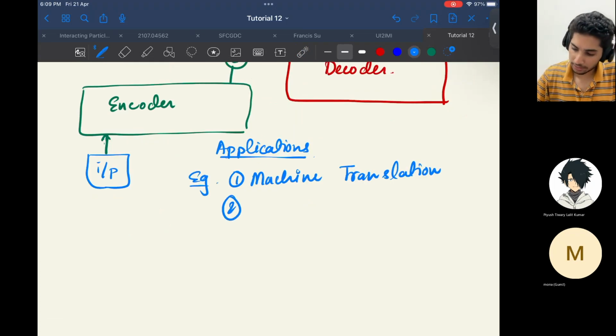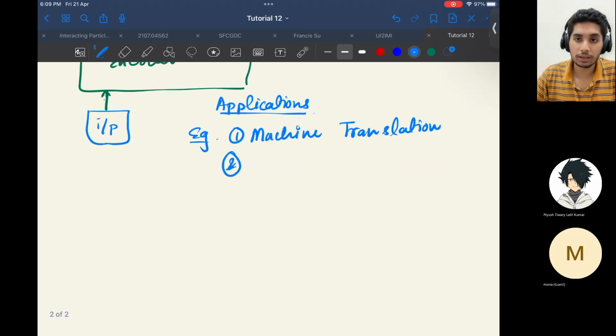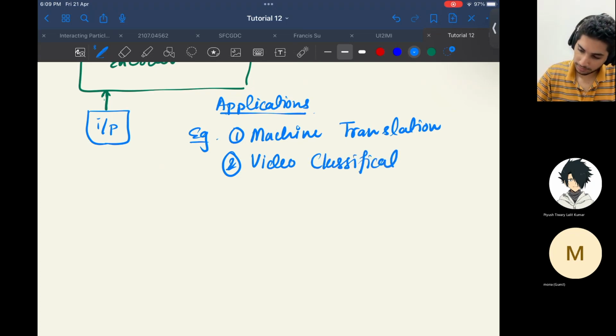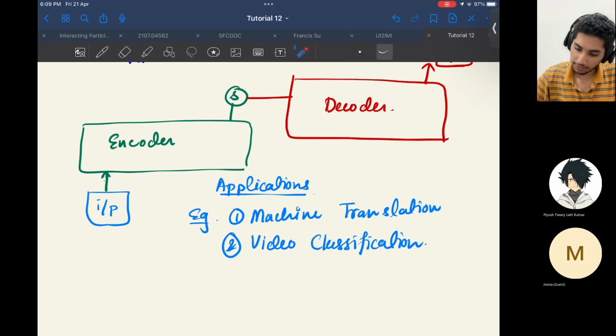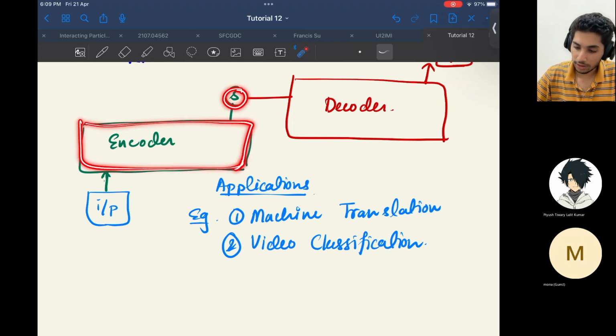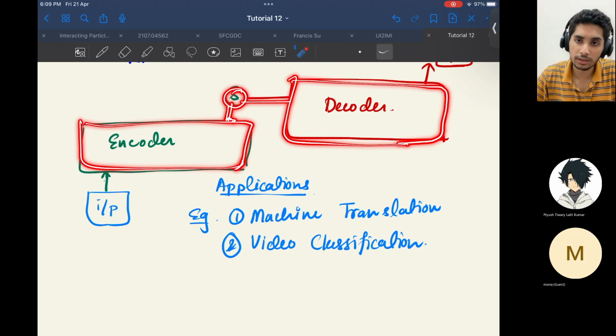Another example could be video classification. In video classification, you have a sequence of images, because a video can be looked at as a sequence of images. Those sequences of images are fed to your encoder, and your encoder summarizes them, and then the decoder has the task to classify it into one of the categories.